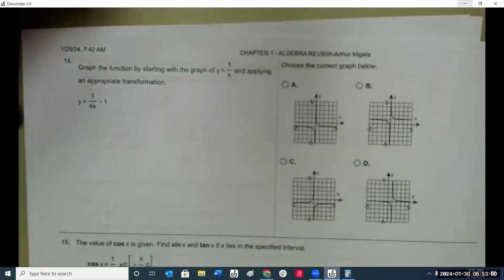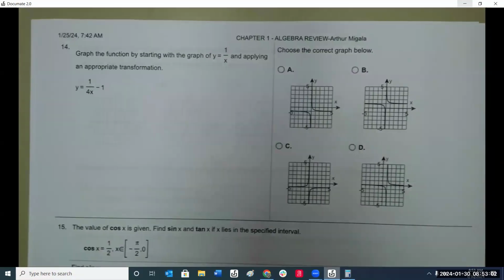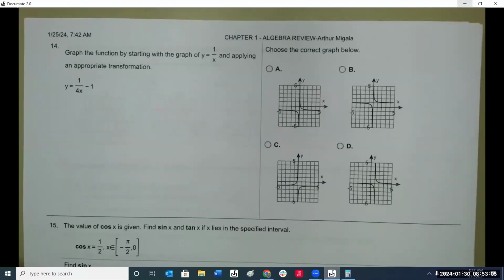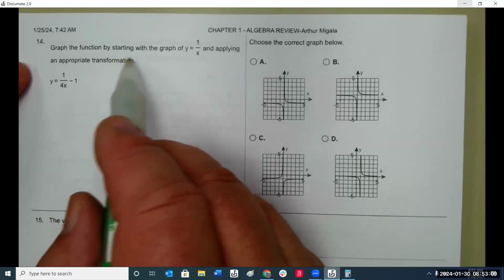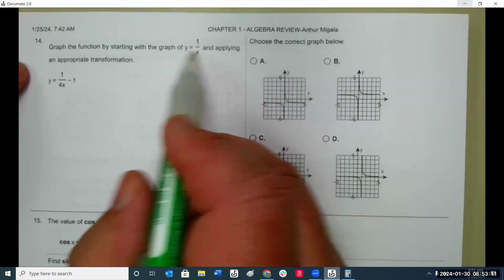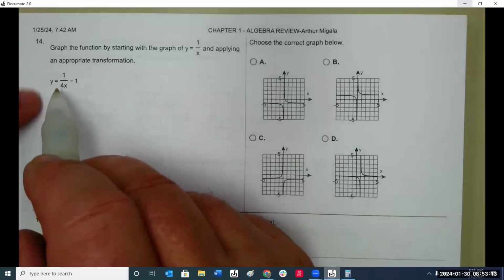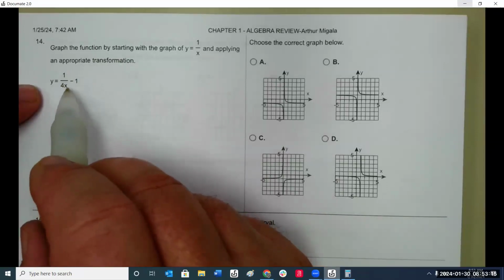Now, back to the test. We left off at question number 14. Graph the function by starting with the graph of 1 over x and applying the transformations to get y equals 1 over 4x minus 1.